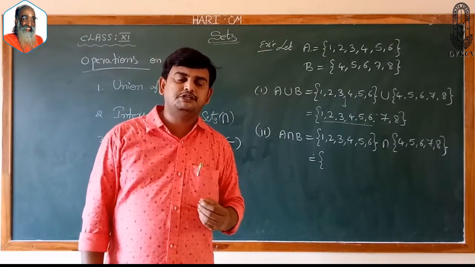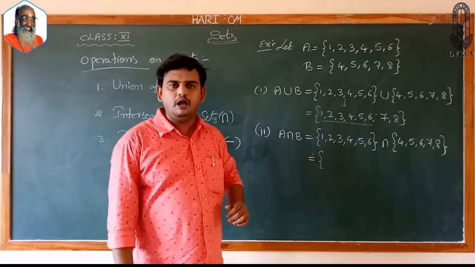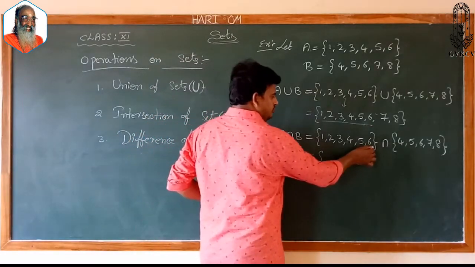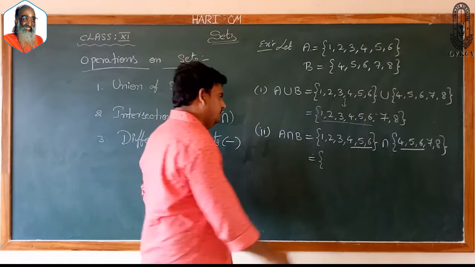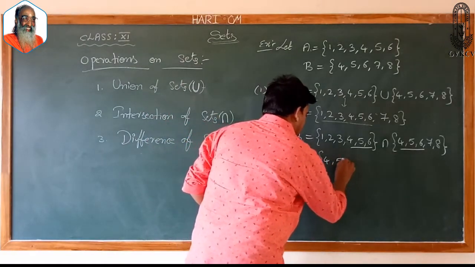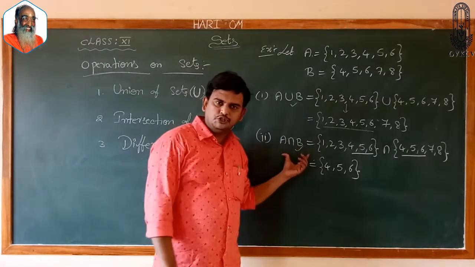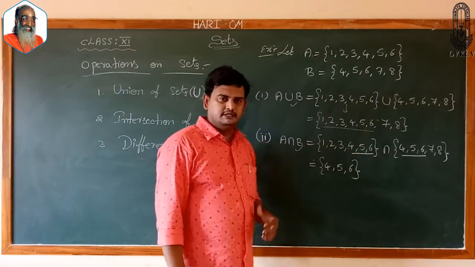It is collecting the common elements. Now let us see what are the common elements we have. 4, 5, 6. So the common elements are 4, 5, 6. So intersection of sets is nothing but collecting the common elements.